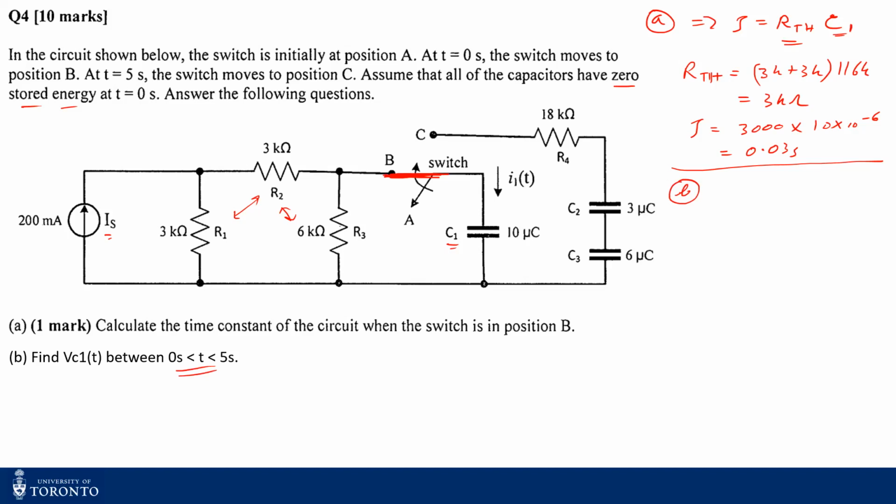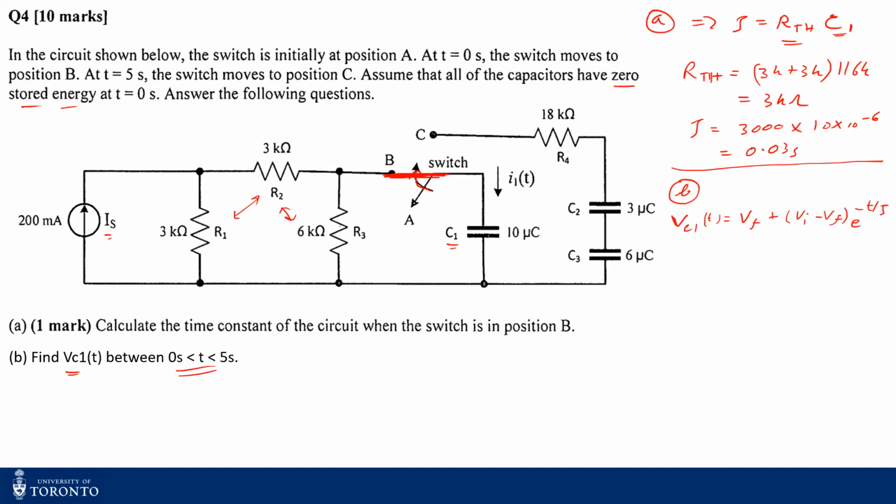That means for when the switch has been moved from position A to B, before you move it to position C, because at time 5 seconds you're moving the switch to position C. To find the voltage function across the capacitor, you have to use this form of the equation, which is V final plus V initial minus V final times e power minus t by tau, right?